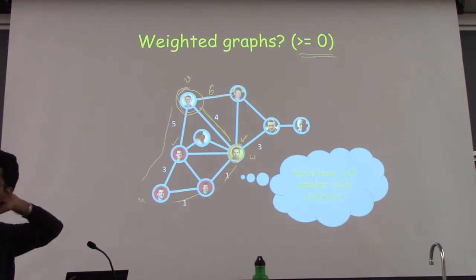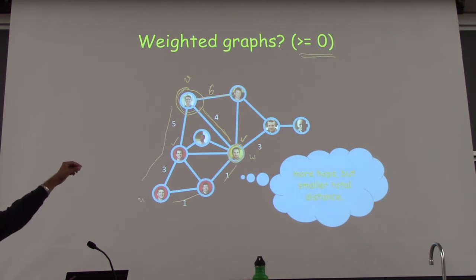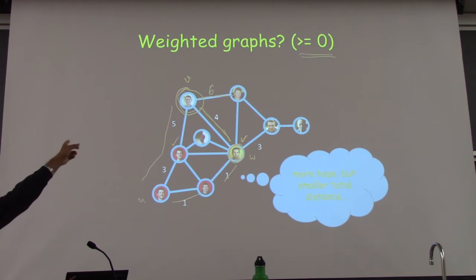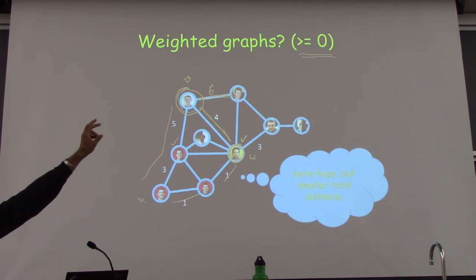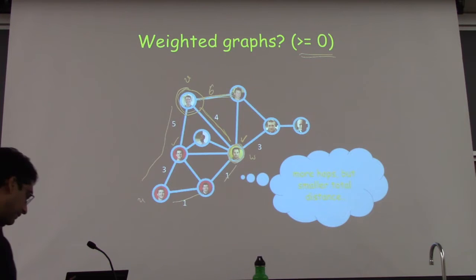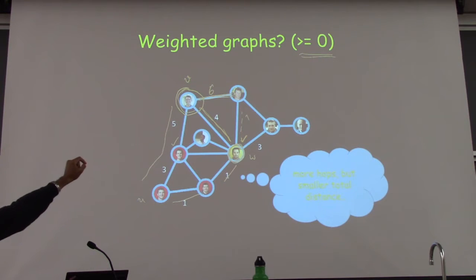So why is that? It's the smallest weight edge, sure, but I can't say the same about that 6 edge, right? I can't argue that the shortest distance from V to that vertex is actually 6, because for all you know, there's a shorter path like this. Maybe if this is 1, then this is a path of length 5. It's because all the other paths off of V are higher.